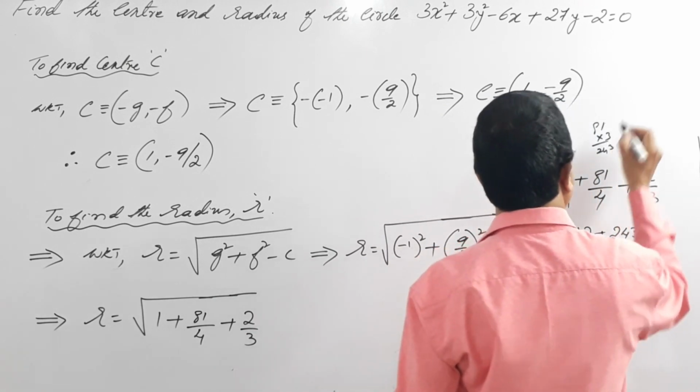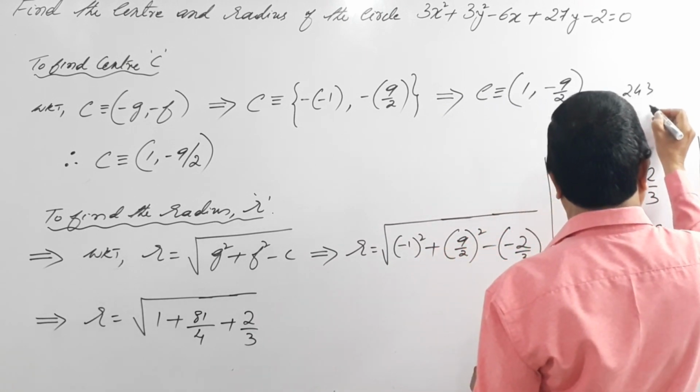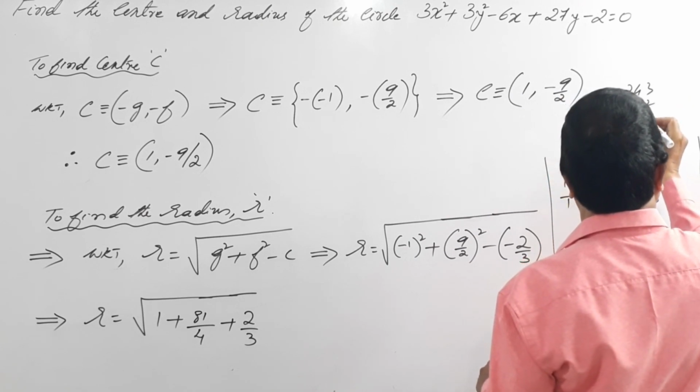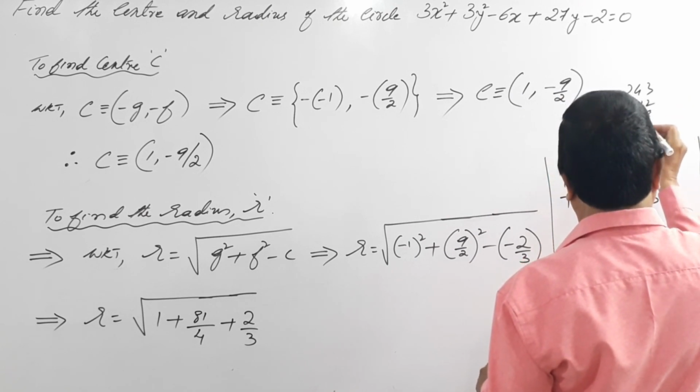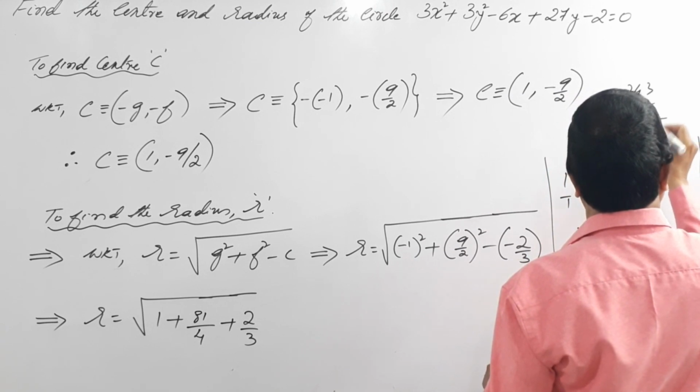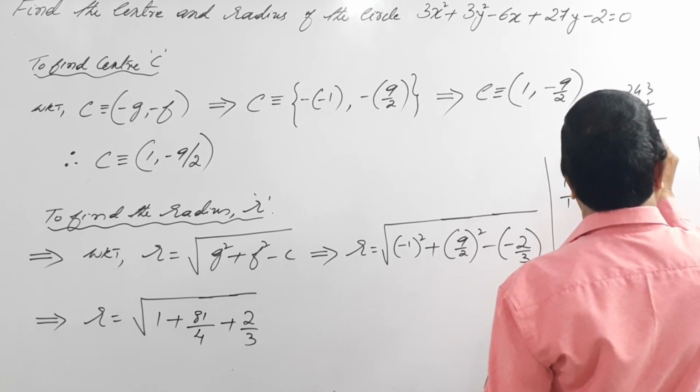So how much is it? 243, 12 plus 8, that is 263.